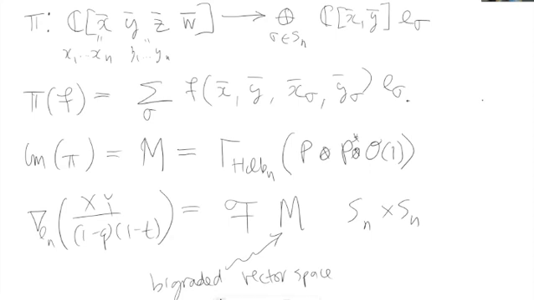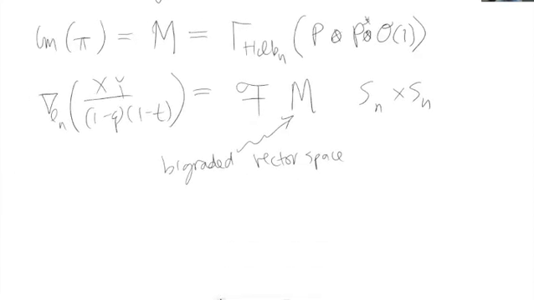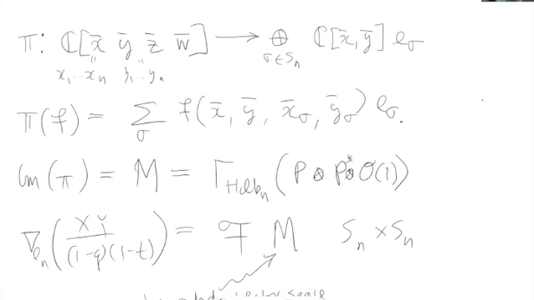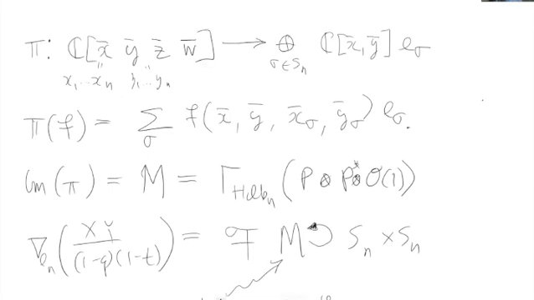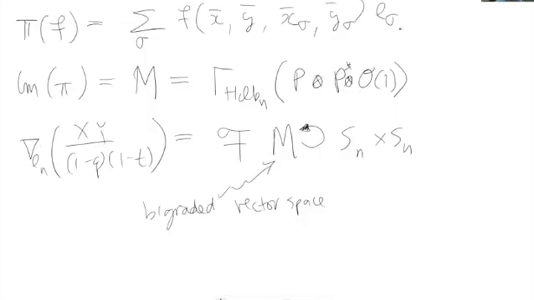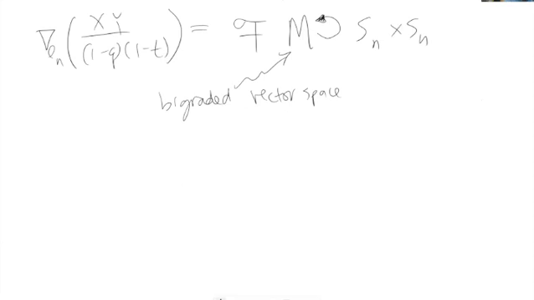And so the two different Sn actions: first of all, I have the left action. The left action of Sn acts, first of all, internally by automorphisms of the ring C[X, Y], and then by multiplying E sigma on the left. Right, so let's write it like this.